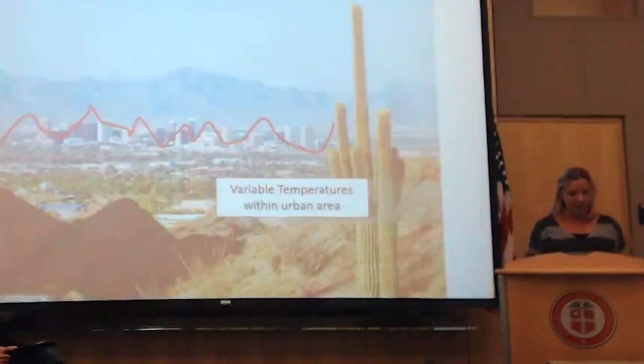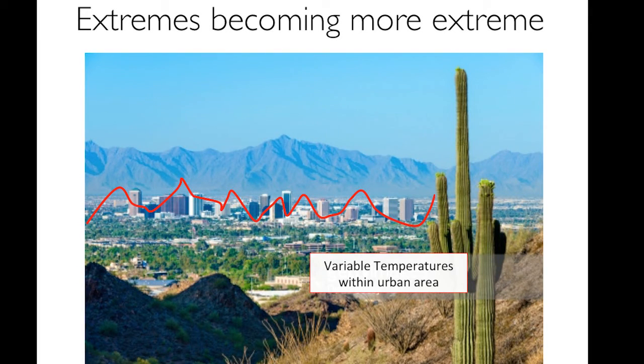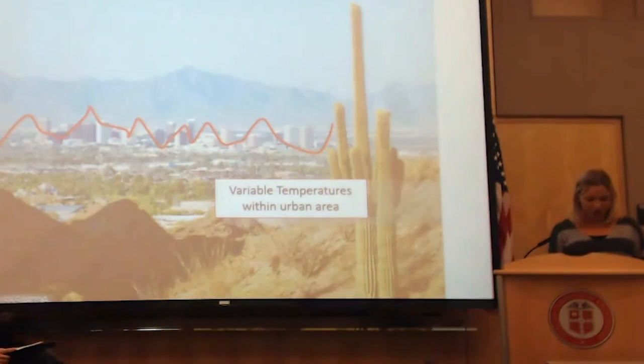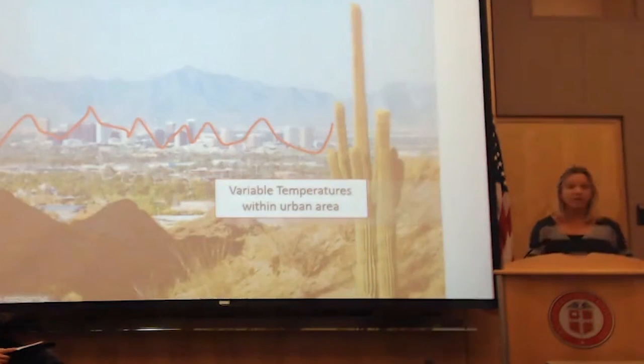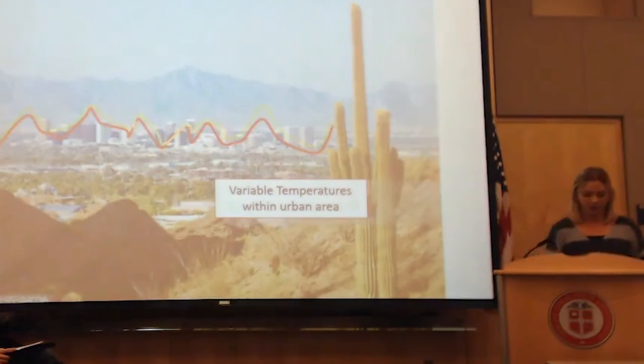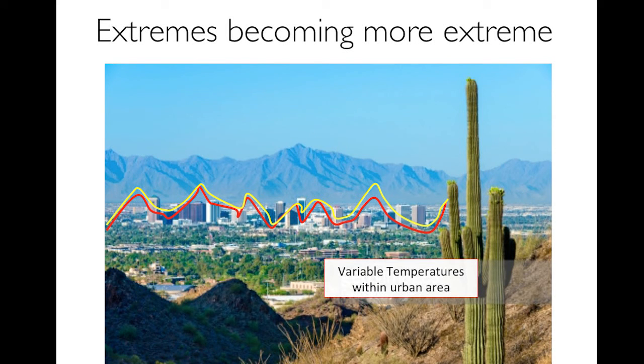I'm interested in getting deeper into within the urban heat island, what are the variations, and this is how my artwork goes. These are my squiggles to show inter-urban variability of temperature, and that it's going to vary throughout an urban area. What else we see is that as the temperatures are rising, we're going to see increasing extremes within those already extreme areas.